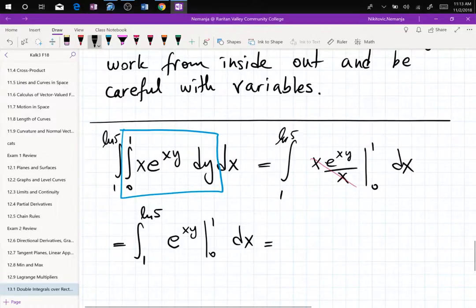Another thing that is a quick confirmation is you haven't done x yet, so don't plug them in x. You haven't done x yet. X is to be done. These are the limits for x because the outer integral belongs to the outer variable.